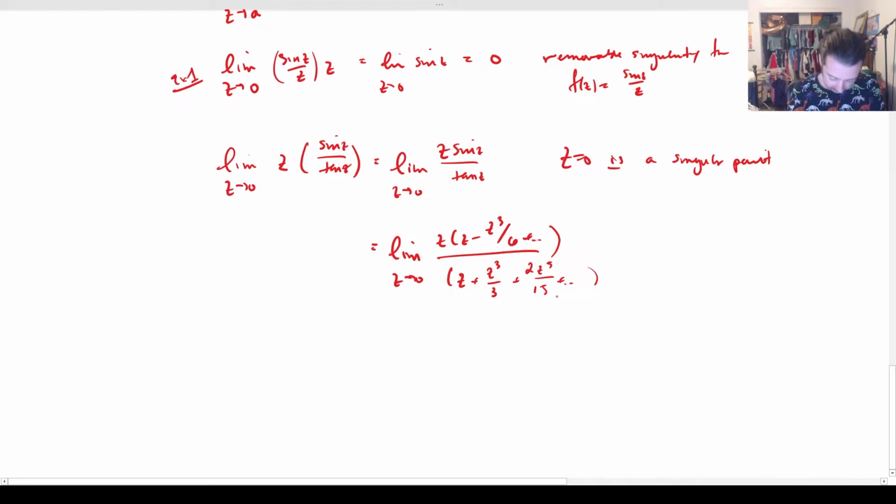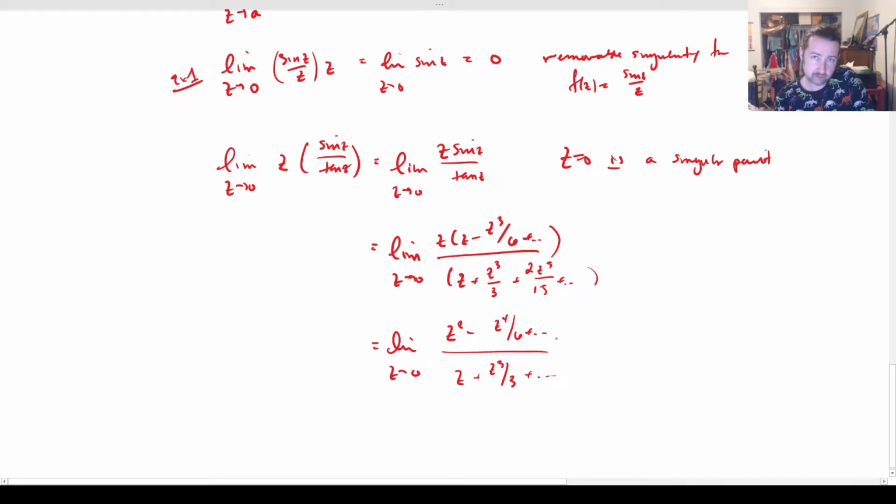And if you rewrite that with some simplification, the limit as z goes to 0 of z squared minus z to the fourth over 6 and so on, divided by z plus z to the third over 3 and so on. You can use the same trick that you use in pre-calculus, where you divide everything by the highest power of z that you see, in this case z squared.